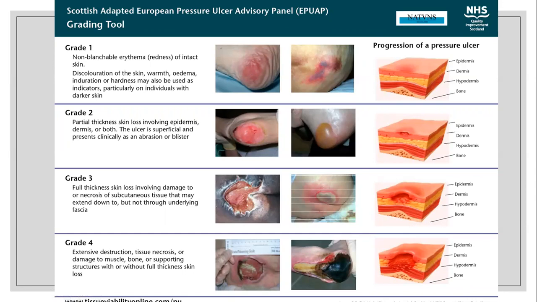Discoloration of the skin, edema, induration or hardness may also be used as an indication, particularly on individuals with darkened skin. Grade 2, we say partial thickness skin loss involving epidermis, dermis, or both.